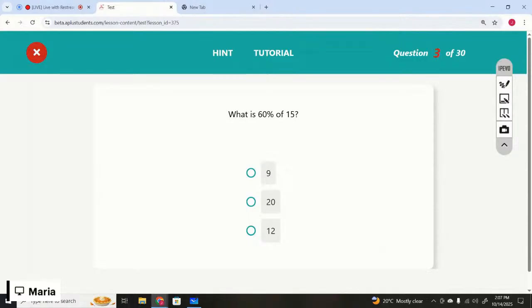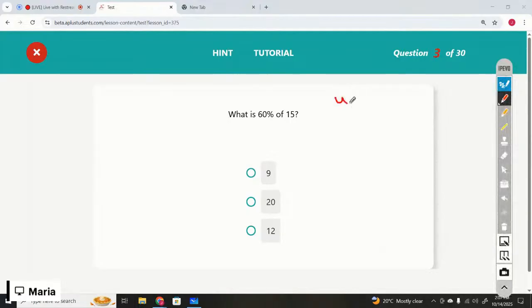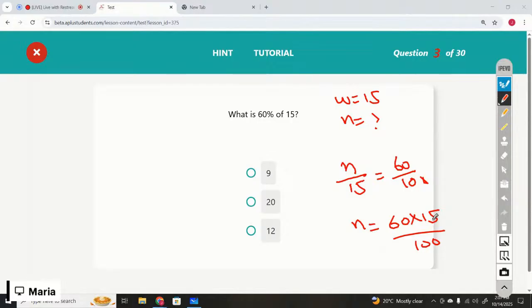What is 60% of 15? The whole number is 15. We need to calculate n. That is n divided by 15 equals 60 over 100. So n equals 60 times 15 over 100, that equals 900 over 100. So n equals 9.